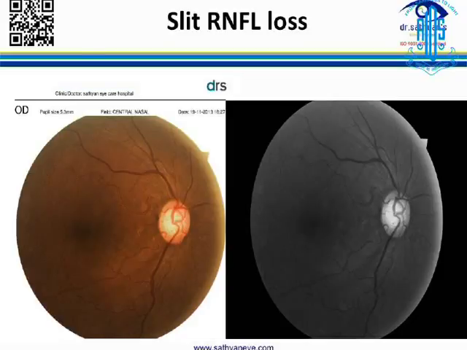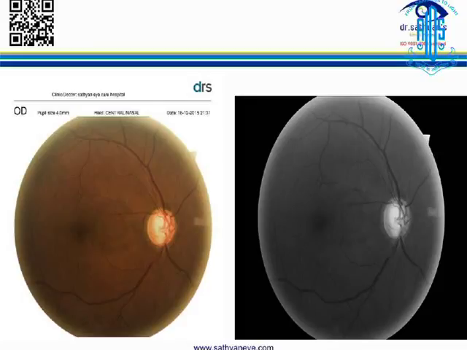So this is the RNFL loss. You can see very small slit defects, different slit defects here. You can see the defects here, wedge defects. And you have the superior defects, and then you have the inferior ones, then you have the biarcuate defects and inferior large ones.